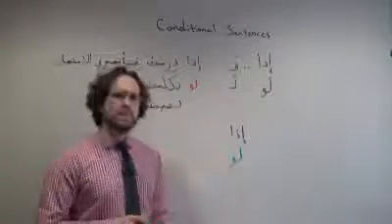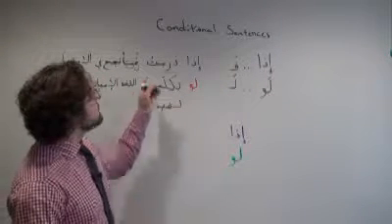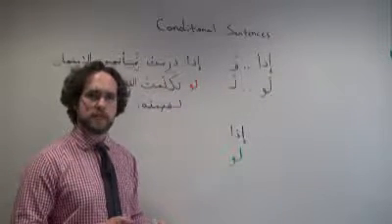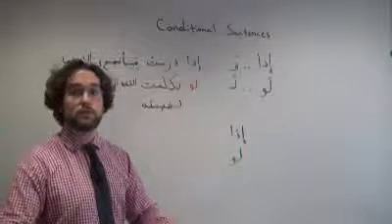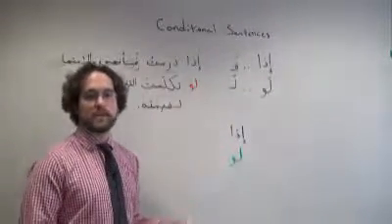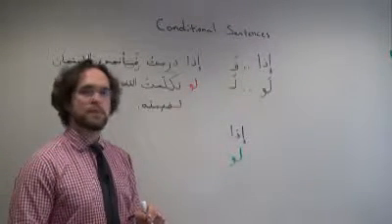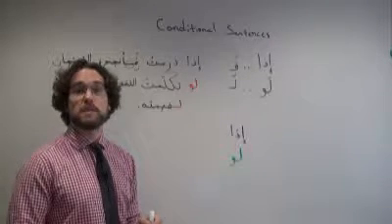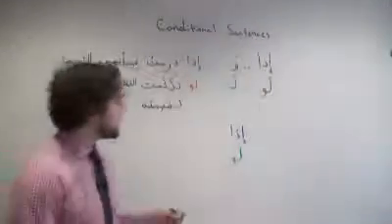In Egyptian, we still retain that past tense verb most of the time, even if, again, we're talking about future possibilities, right? So, for example, if we want to say, if you go to the party, you will see Fatima, right? A woman named Fatima.